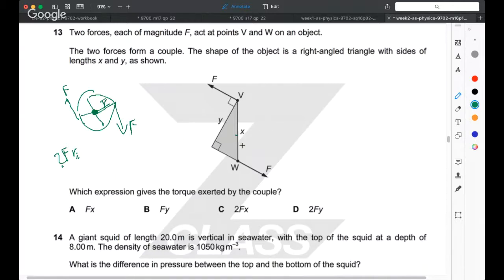Isn't it x? Oh, so it's along VW. Or in the middle point? So will it be in the middle of these two? Why not in y? Why is it not in the center?